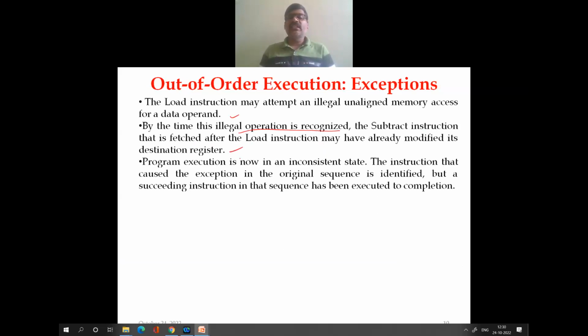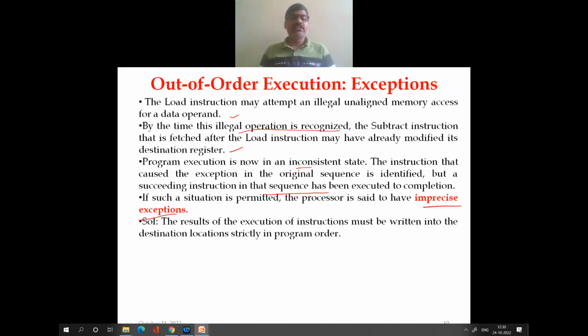So program execution is now in an inconsistent state, because the instruction that caused the exception in the original sequence is identified, but a succeeding instruction in that sequence has been executed to completion. If such a situation is permitted, the processor is said to have imprecise exceptions.